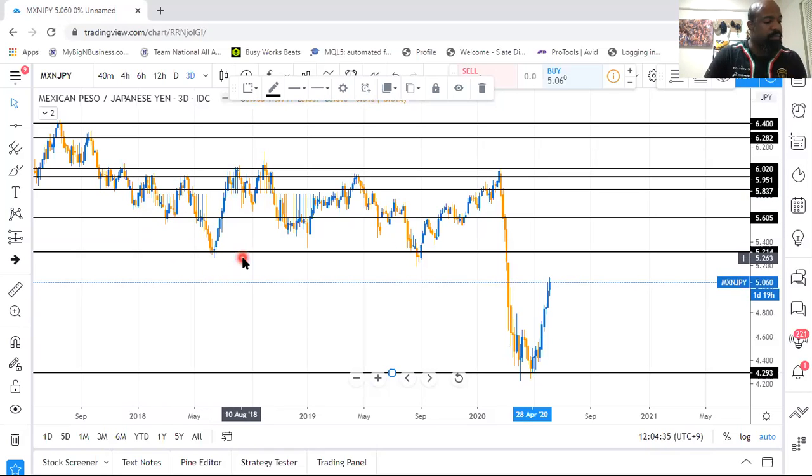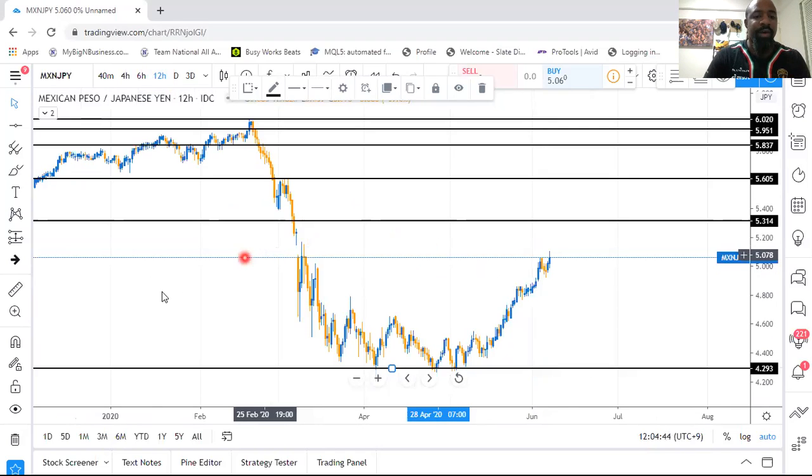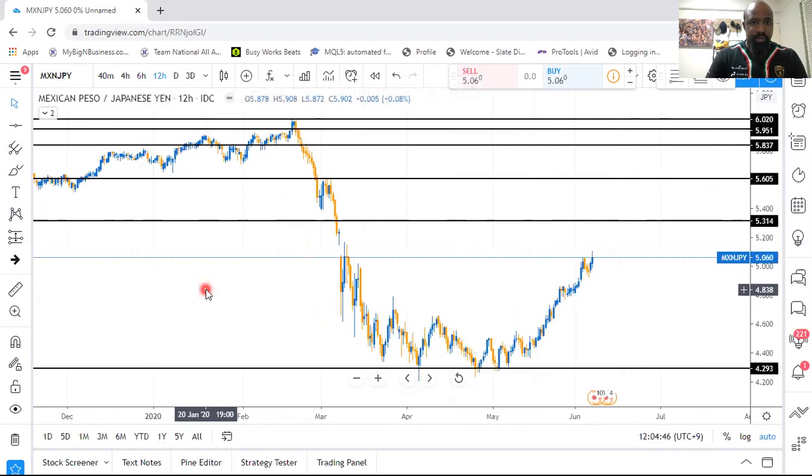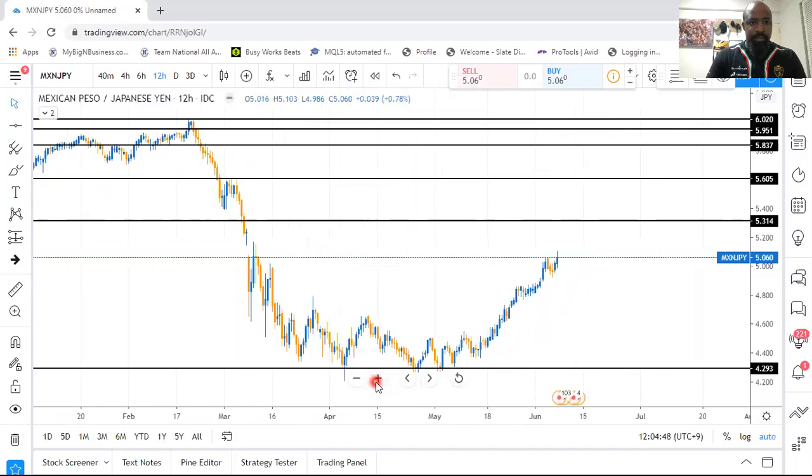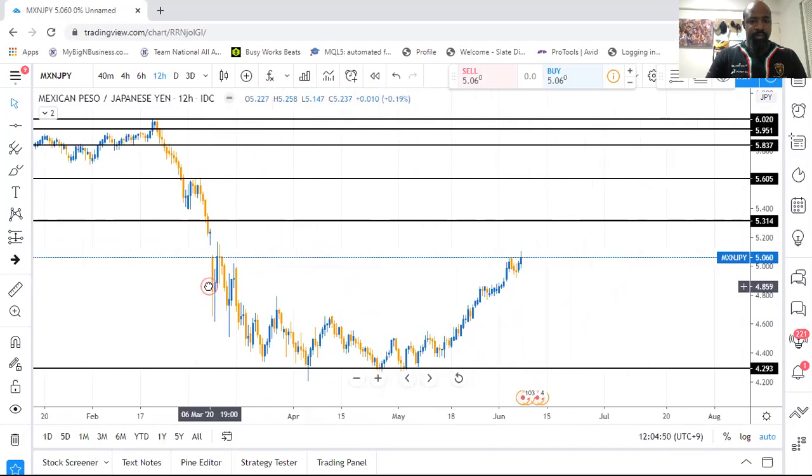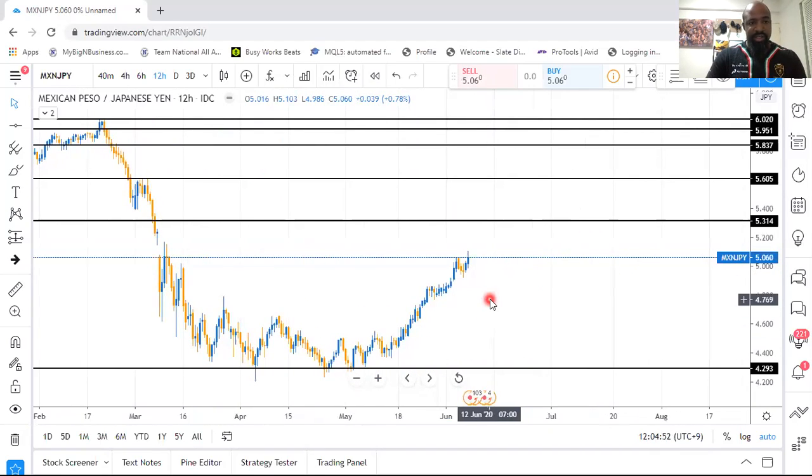Now we're going to break this down and zoom in. We're looking at the 3-day, and we're going to take it down to the 12-hour. We're looking at the most recent move in current price, from February all the way to now.